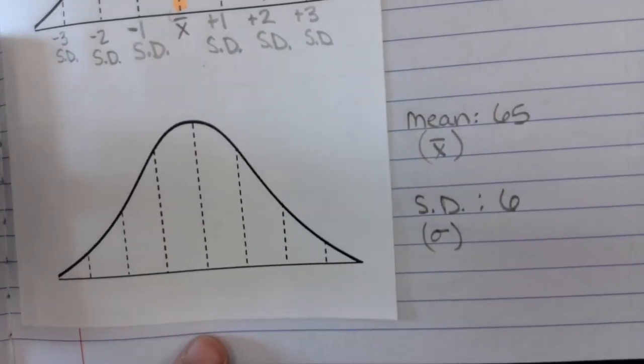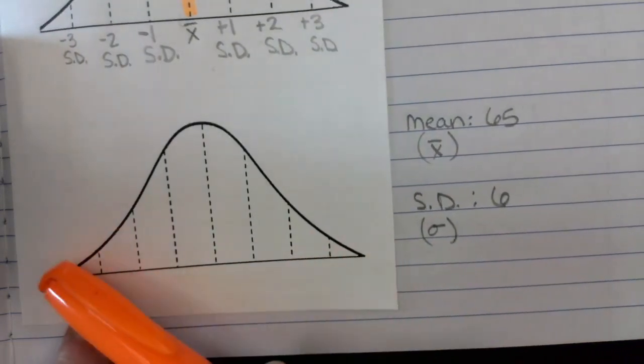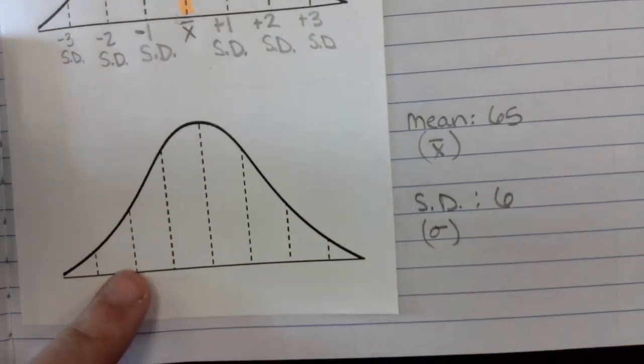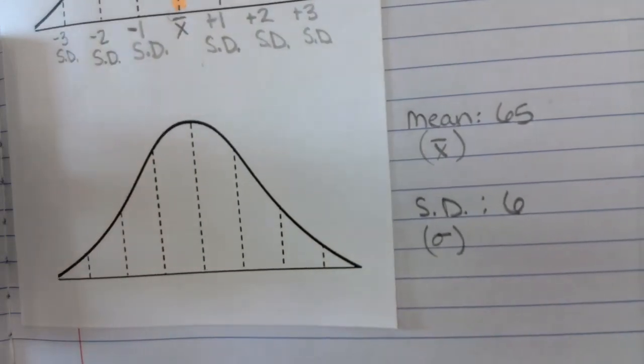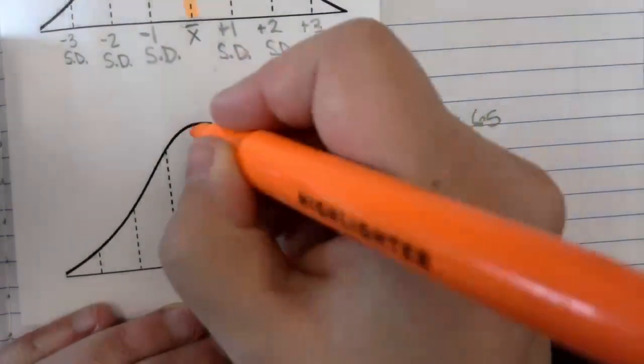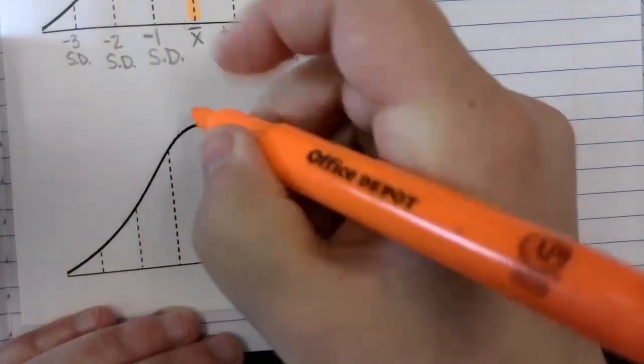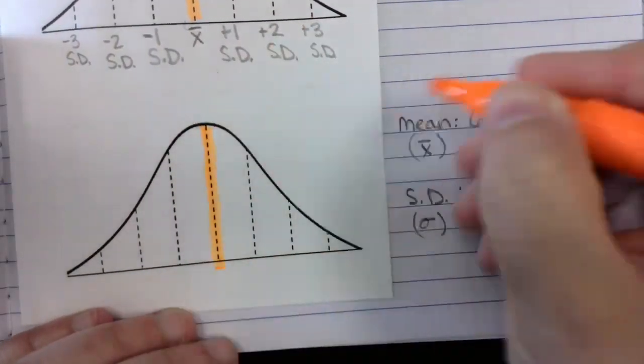Okay, so if this is a number line, because we're doing a histogram, so we're doing intervals, where is this middle number going to come from? Yeah, this middle number is the mean. So if we're thinking of a number line on the bottom here, this would be 65.